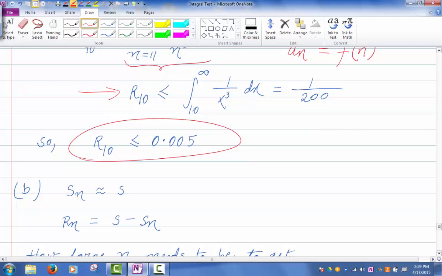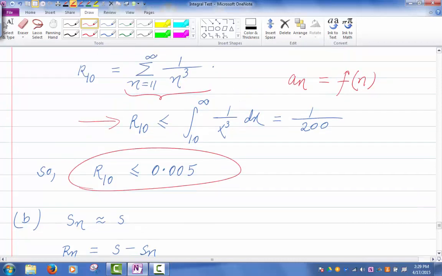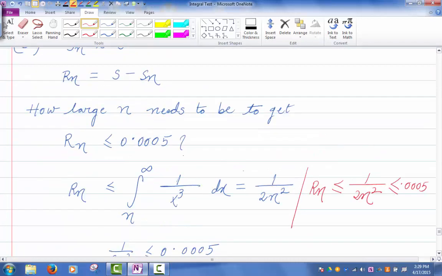1 over 2n squared. Let's see. Where? Right here, this 1 over 2n squared. So you're looking at this integral, right? The integral from n to infinity of 1 over x cubed dx, which is the same as the limit as t goes to infinity of the integral from n to t of 1 over x cubed dx, right?